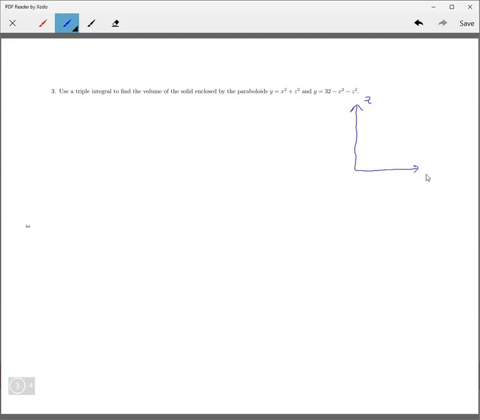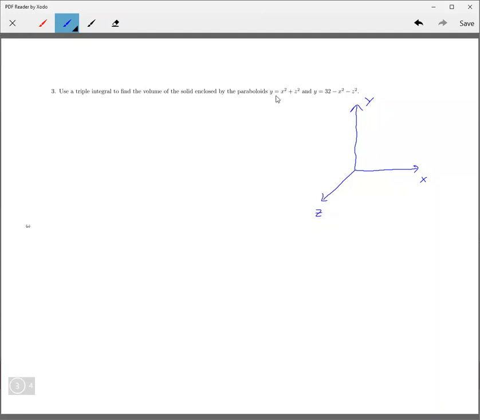And then have the y there and the x coming out this way. But this is in terms of y equals something and y equals something else. So we could stick the y coming up like that, which means the x should be right there, and this would be the z. You can do it that way.